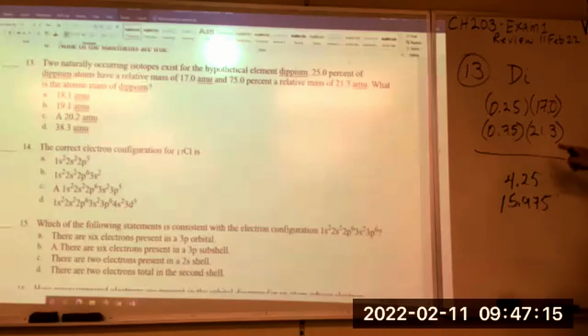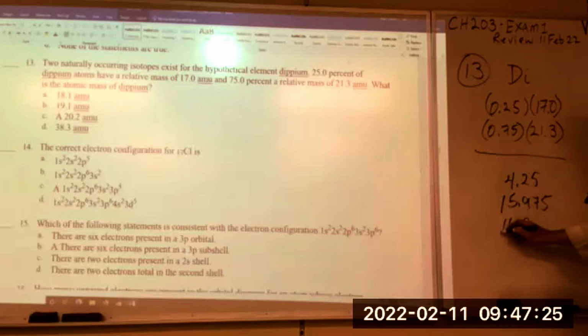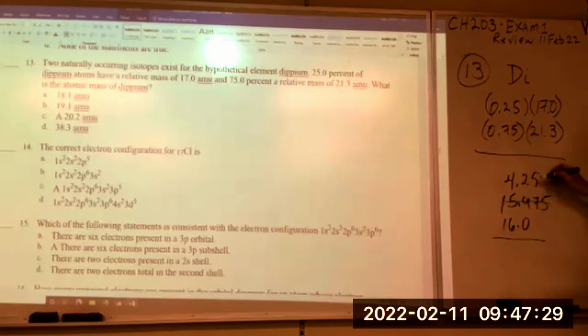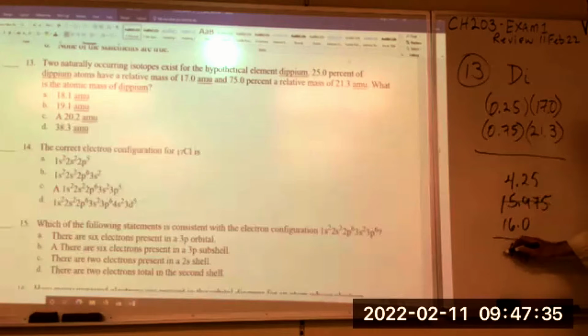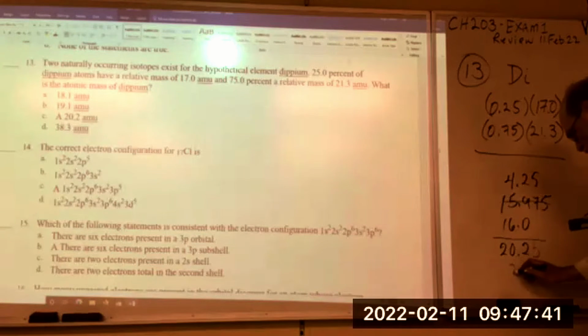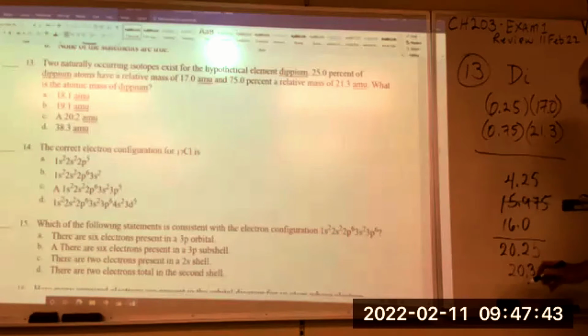I can have 3 for that one, that's good. I can have 3 for this one, so it's going to be 16.0 for that one. And then we have 4.25 plus 16.0 is 20.25. Oops, got to round it off. 20.3.